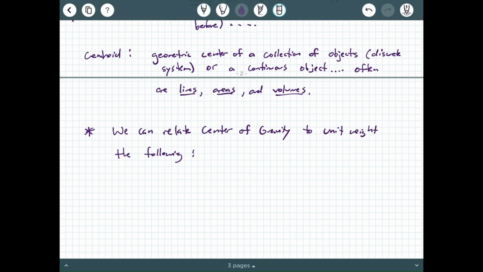Unit weight is like density by the following. We say gamma is equal to unit weight, and then gamma is equal to weight over volume, and so weight is equal to unit weight times volume.